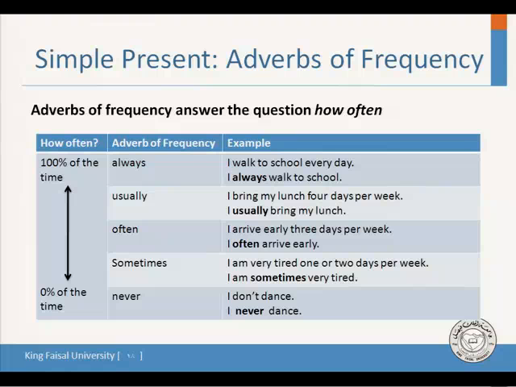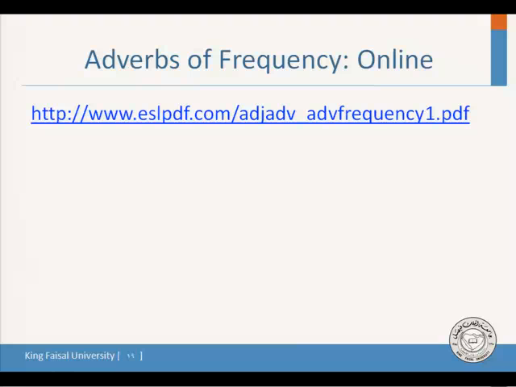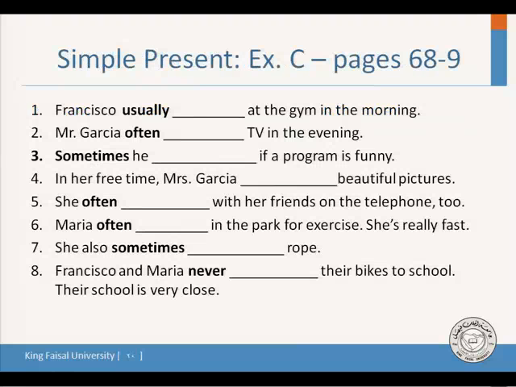I am sometimes very tired. Not always, not usually, and not often. Sometimes. Never. I don't dance. I never dance. Never. 0%. So these are adverbs of frequency, and on this web page you can also learn more about them.